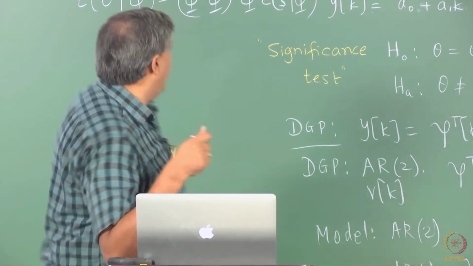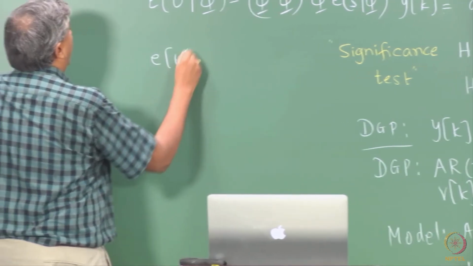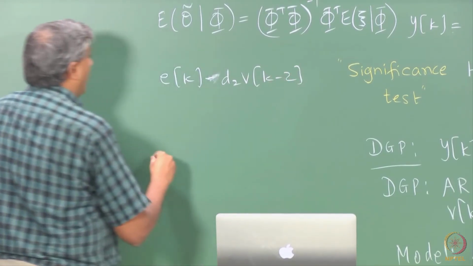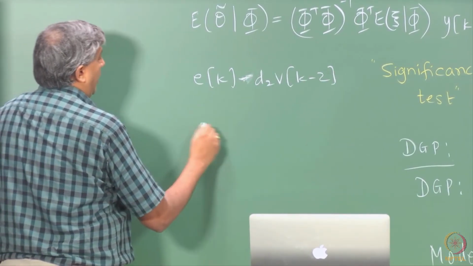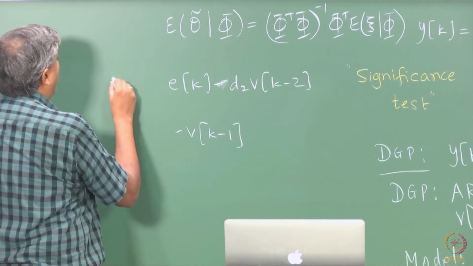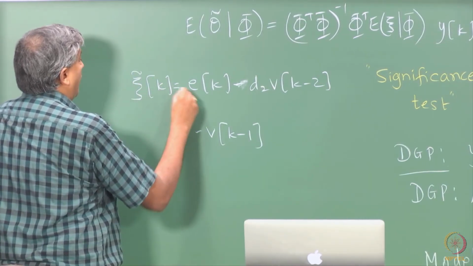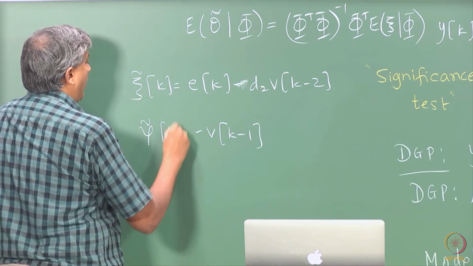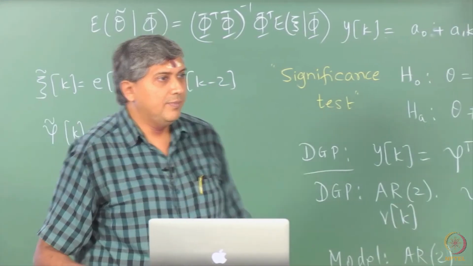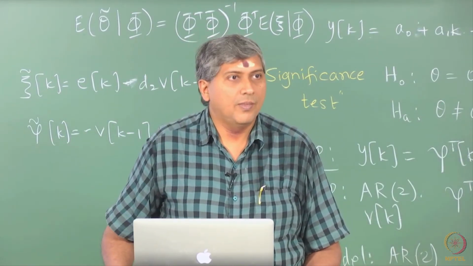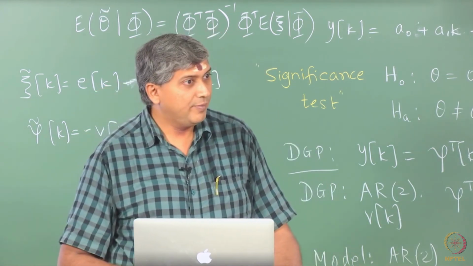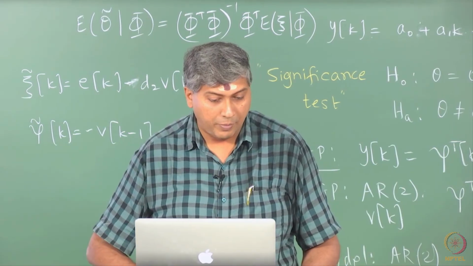Whatever I have left out is Ek plus D1 D2 minus D2 Vk minus 2, and what I have included is Vk minus 1, or minus Vk minus 1, in my regressor set. Are these two correlated? What do you think? Yes. Therefore, we should expect a biased estimate of the coefficient D1, and the question is, does that happen?